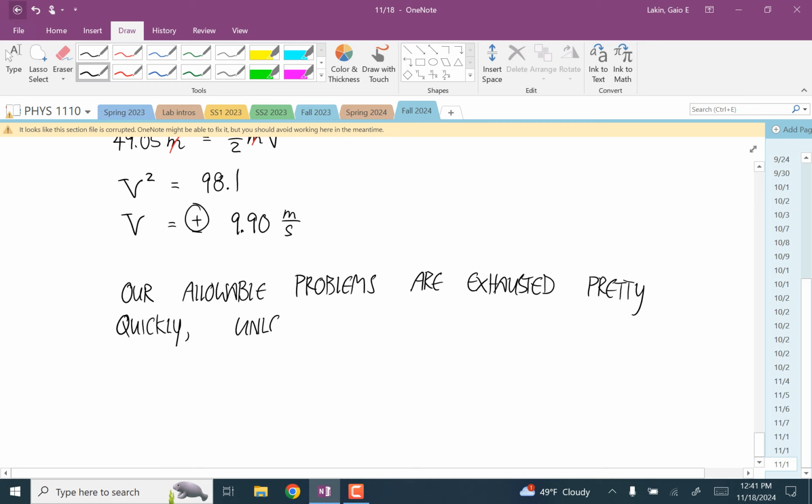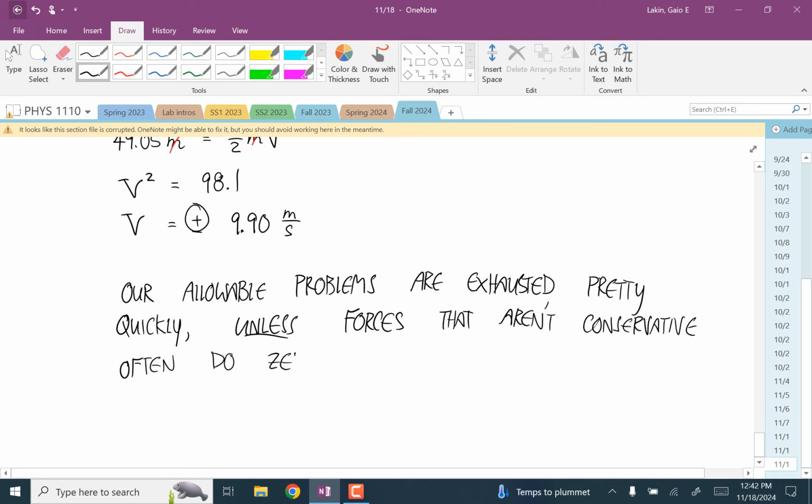Unless forces that aren't conservative often do zero work. Well, it turns out that there are two really important types of forces that have come up in a lot of our problems and are going to keep coming up that are non-conservative, but they do zero work.